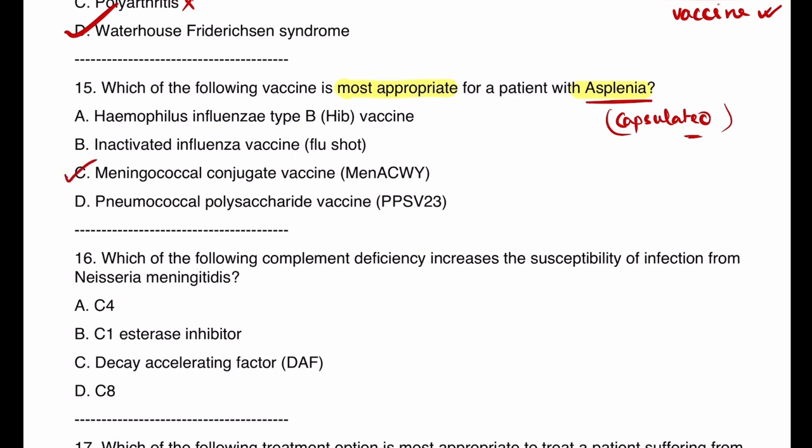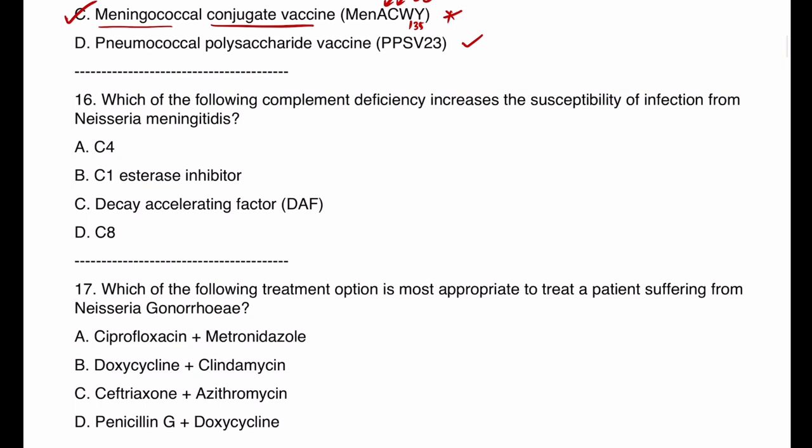So you have to first give the meningococcal conjugate vaccine, and that should contain A, C, Y, and W135 serogroups. Yes, against 4 groups we have to give the meningococcal conjugate vaccine. Yes, we have to give the pneumococcal polysaccharide vaccine also, but the most appropriate answer will be the meningococcal vaccine.